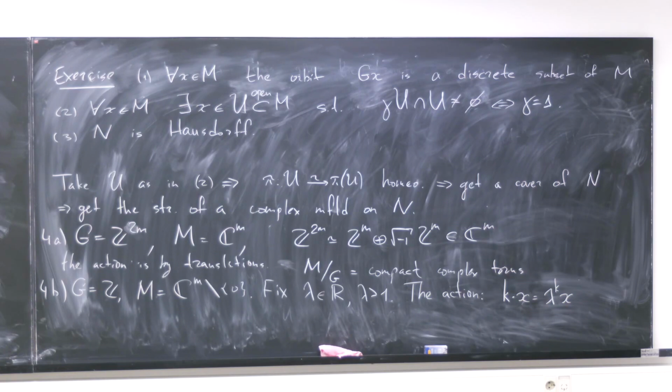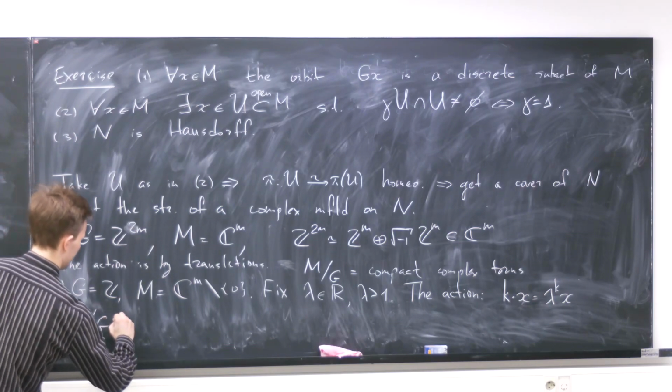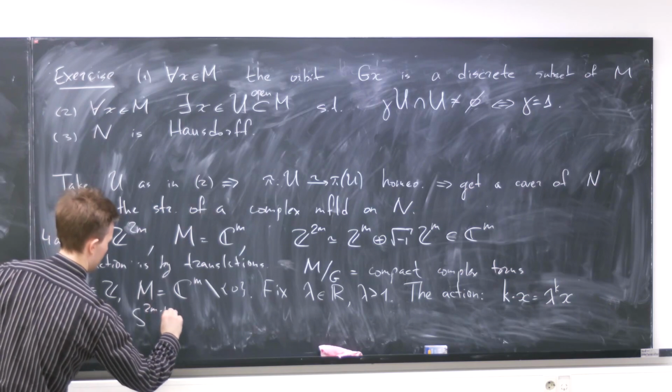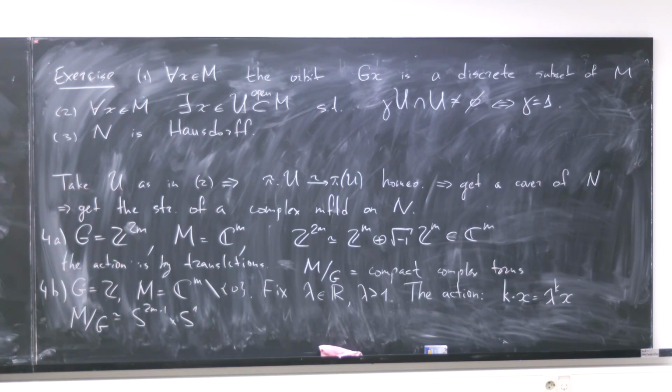So what is the quotient? It is S^1 times S^(2m-1). Right, so this is called a Hopf manifold, S^(2m-1) times S^1. For m equal to 1, we just get an elliptic curve, S^1 times S^1.